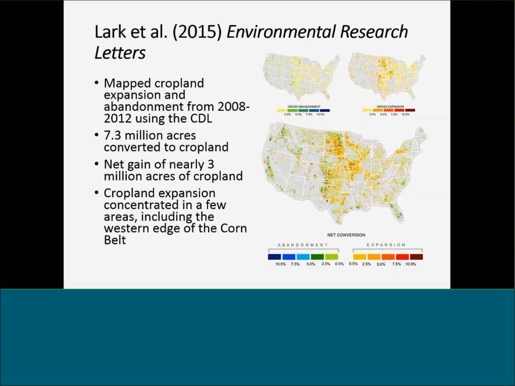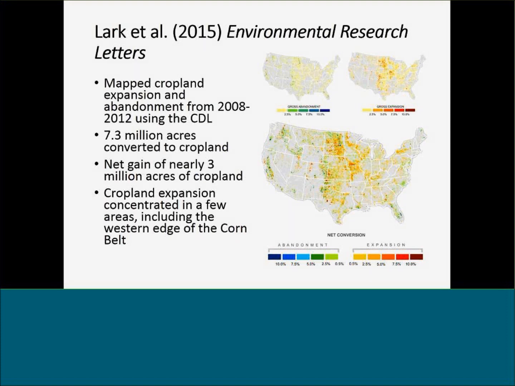A few years later, there was a national level study that came out of the University of Wisconsin, Holly Gibbs' lab, one of her students, Tyler Lark. They mapped more broadly cropland expansion and abandonment across the whole country over a 4-year period, finding more than 7 million acres of conversion to cropland. Of course, a lot of land moving back and forth, but still the net gain of nearly 3 million acres of cropland on a national level.